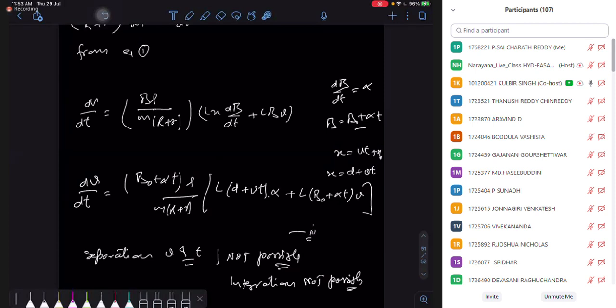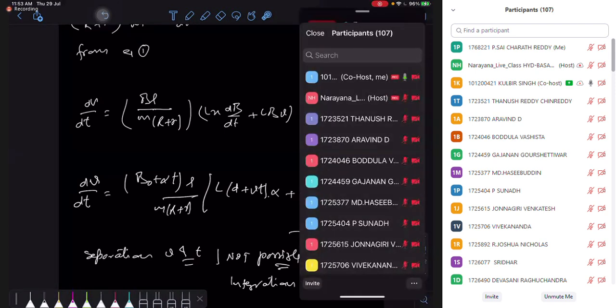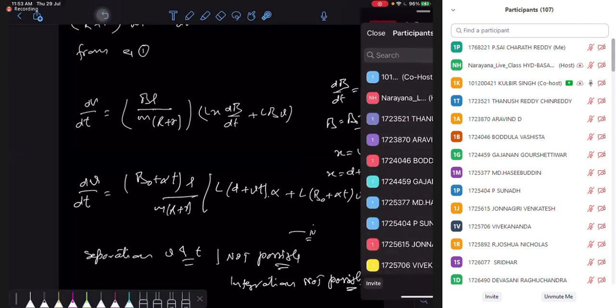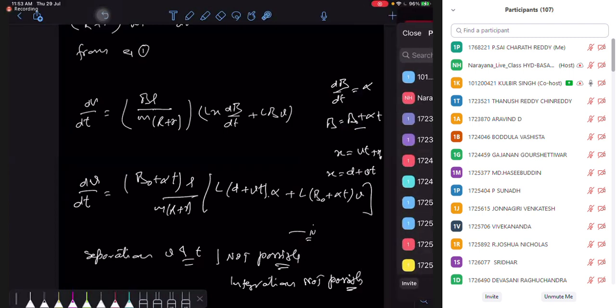More than the final answer, what is important here is the approach, how you are going to approach it. It's a very simple approach. If integration is possible, the result is also going to be simple. But in this particular example, the integration goes in a range where it is impossible to solve in our syllabus.